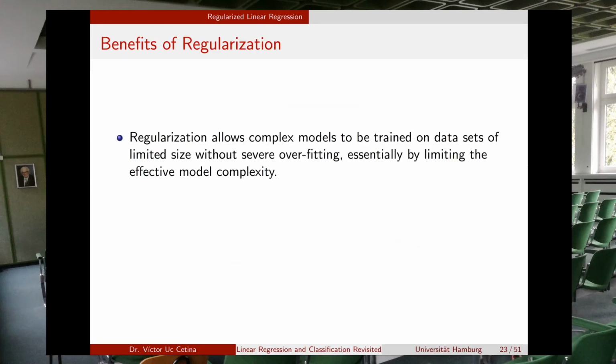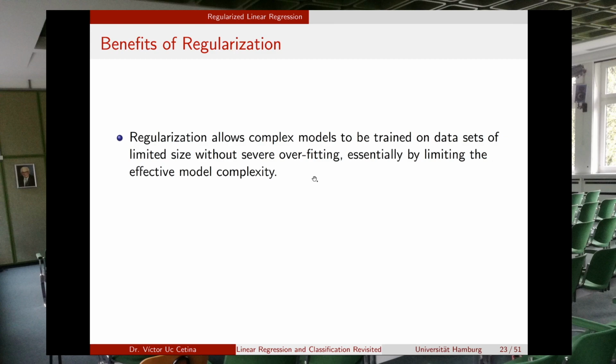So what are the benefits of regularization? As we have seen, regularization allows complex models to be trained on data sets of limited size without severe overfitting, essentially by limiting the effective model complexity.